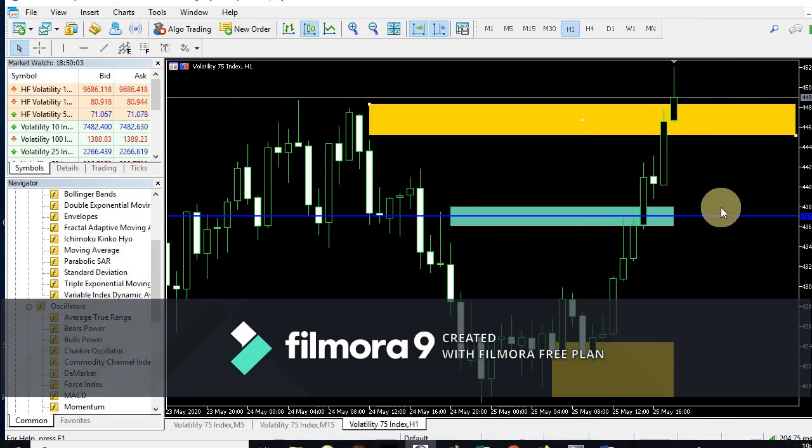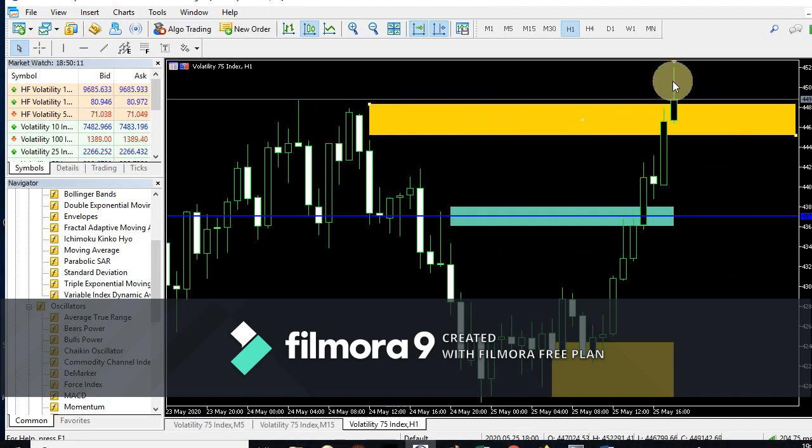So two things may happen here. Price will either form a bullish pin bar here and reverse, or price will develop, then form a support, and then you have a bullish engulfing bar and price will continue up.